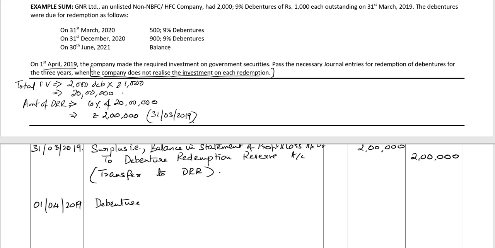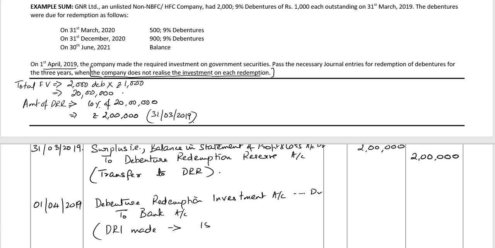Debenture redemption investment account debit, to bank account, DRI made, and the amount is 15% of the face value of debentures to be redeemed by 31st March 2020, which is face value rupees 5 lakh. 500 debentures multiplied by rupees 1000 per debenture comes up to 75,000.